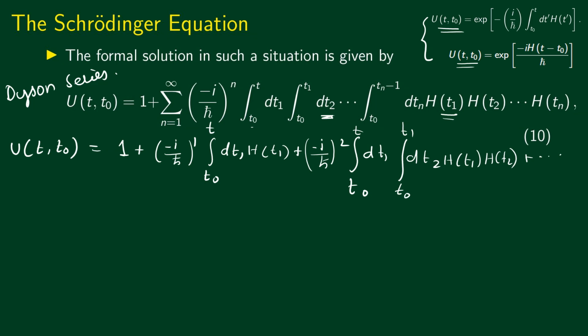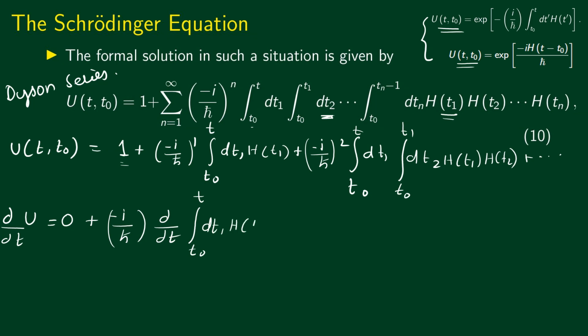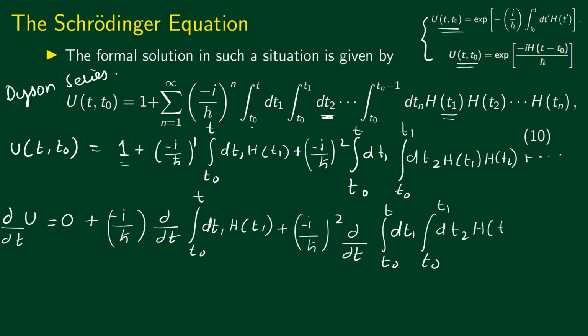Let's just work with these three terms. Now let's find the partial time derivative of U. The first term, the derivative gives 0, and then it's minus i by h bar, partial time derivative of the integral t0 to t dt1 H of t1, plus minus i by h bar square, partial time derivative of the integral t0 to t dt1, integral t0 to t1 dt2 H of t1 H of t2, and it goes on like that.